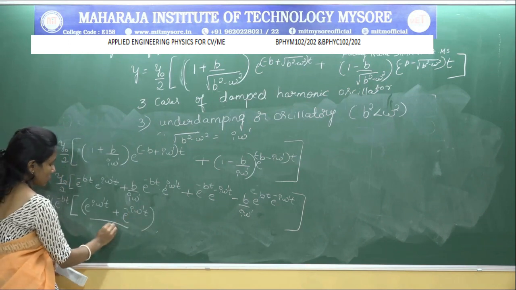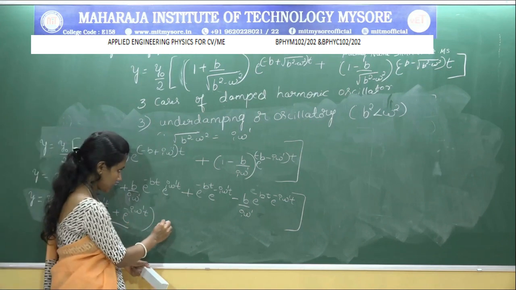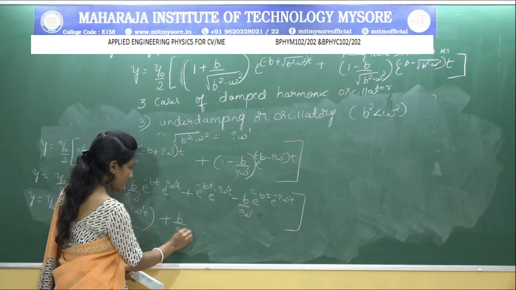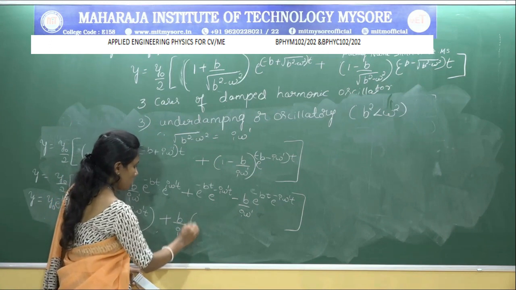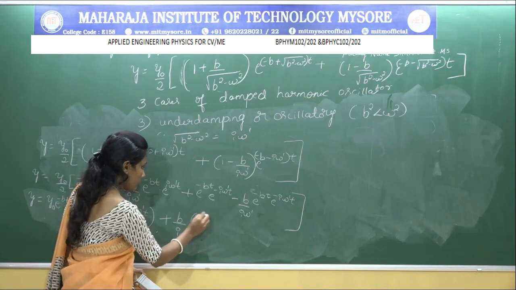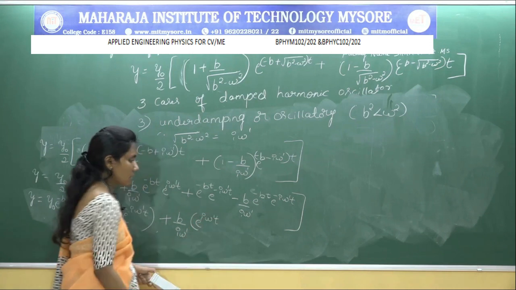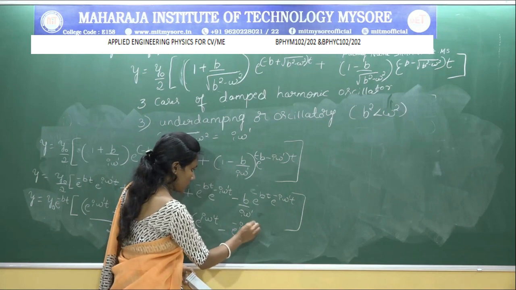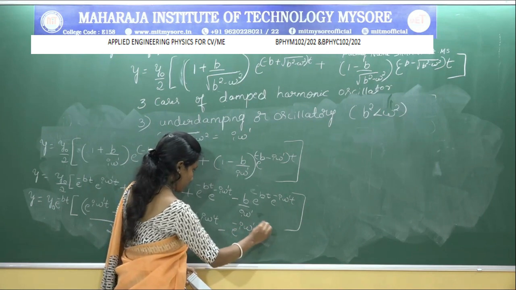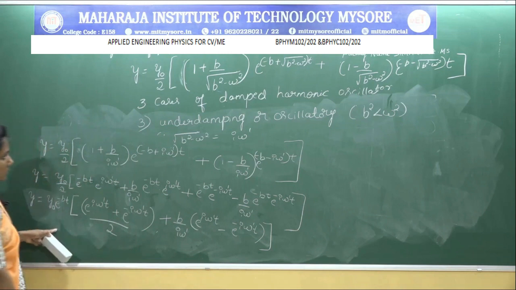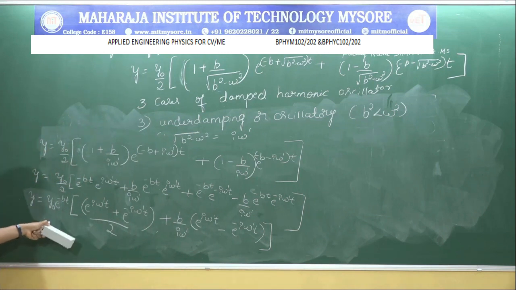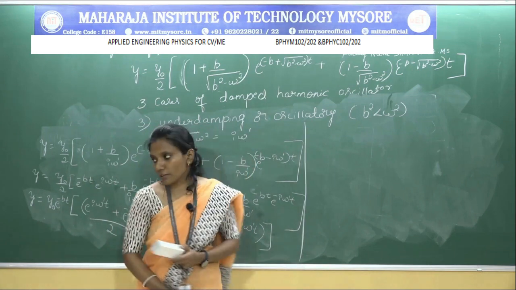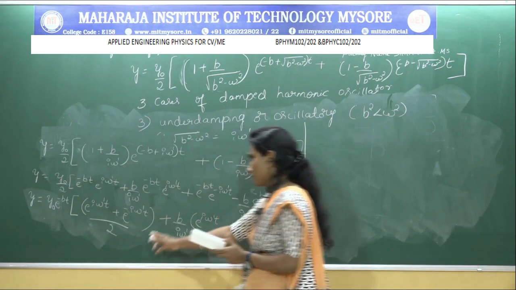Take these two inside, then b by i omega dash times e to the power of i omega dash t minus e to the power of minus i omega dash t. So this is the equation we got now. Next we have to further simplify.